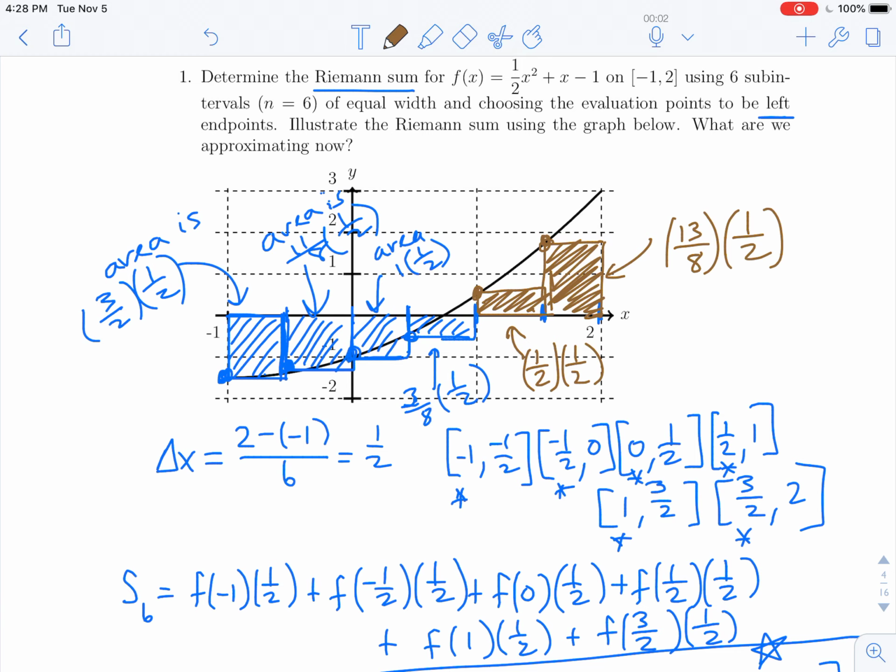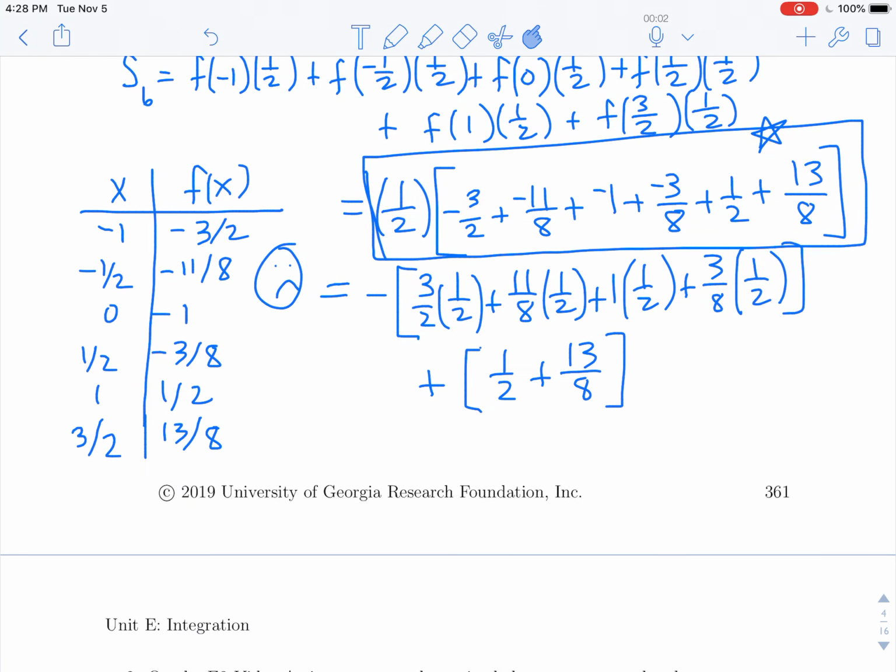So compare the numbers that we got here with that kind of silly way that we wrote down the Riemann sum, and you can see what's happening in our Riemann sum is we're doing brown areas minus blue areas. So what this looks like is total brown area minus blue area.